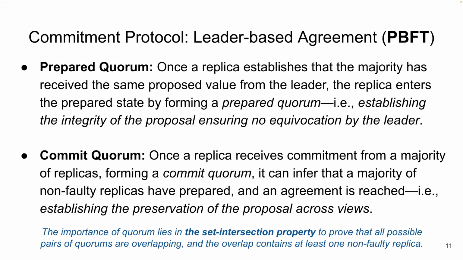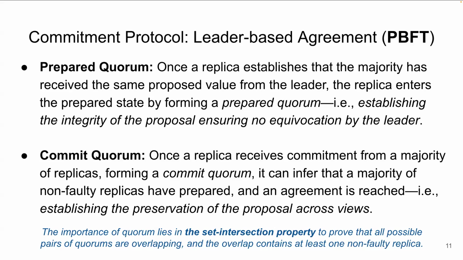The set intersection property that we've been talking about for a long time is that two quorums will both intersect on at least one non-faulty replica. So if I form a commitment quorum, then I know that the majority have prepared, and any subsequent recovery quorum will have at least one node in common with the commitment quorum.